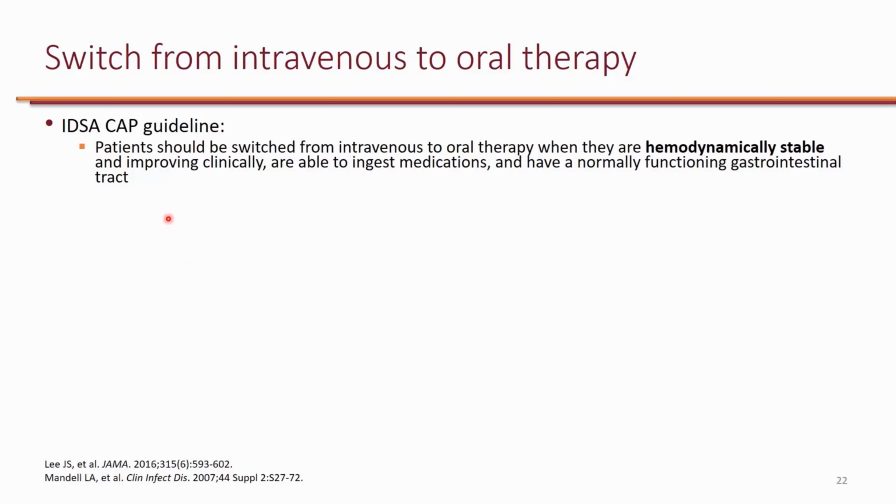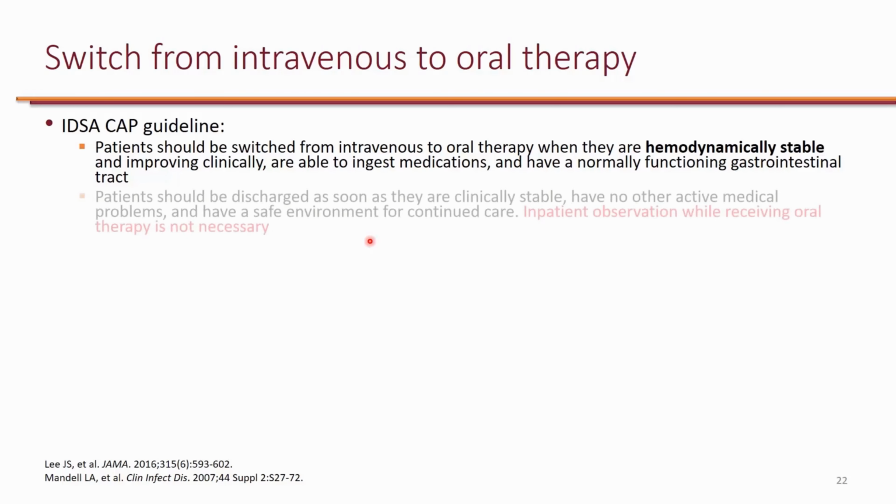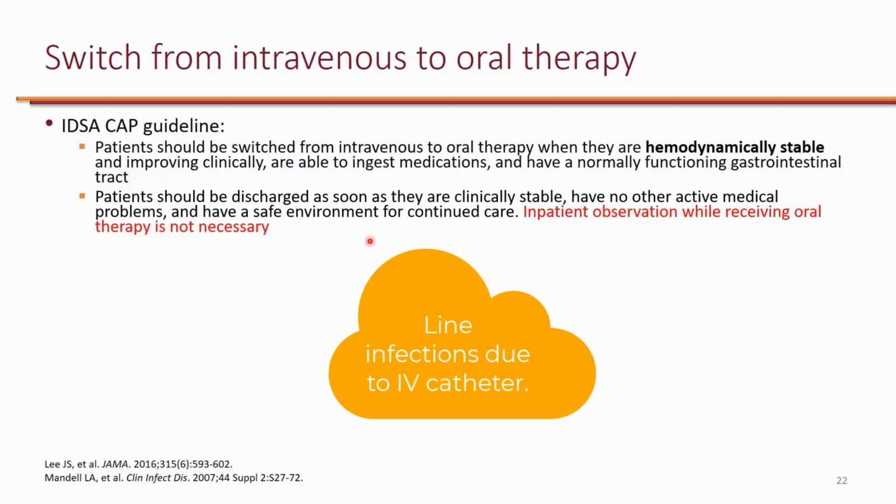So, based on IDSA, patients who are hemodynamically stable and clinically improving can be switched from IV to PO as long as they are able to tolerate oral therapy. Another thing to consider is to make sure that the GI tract is also functional. And we can apply some of these principles to patients with nosocomial pneumonia. Now, the reason we want to switch patients from IV to PO as soon as possible, when they can tolerate it, is, first of all, to make sure that we don't introduce any line infections, as well as getting patients ready to be discharged.